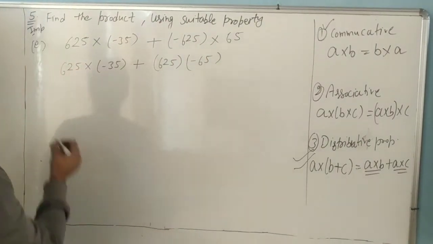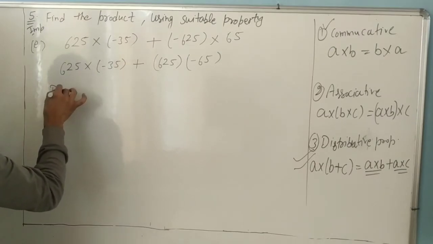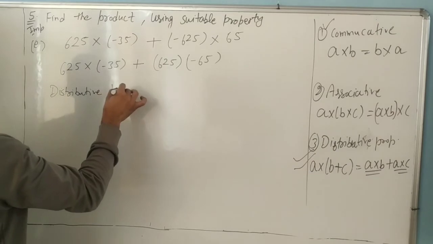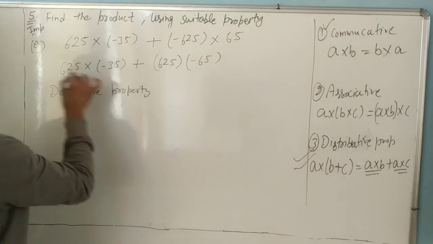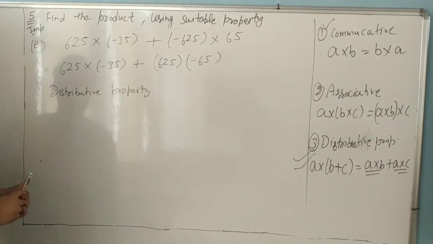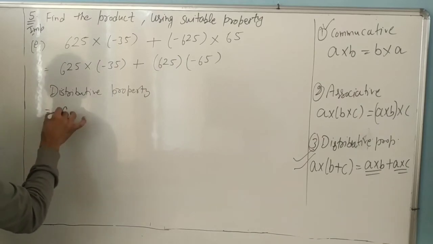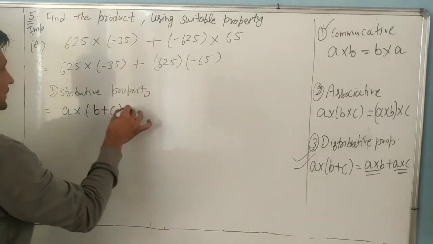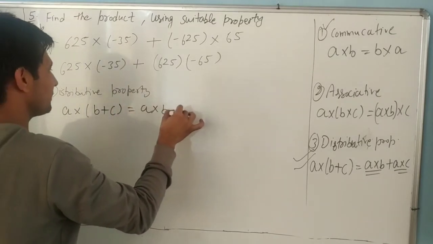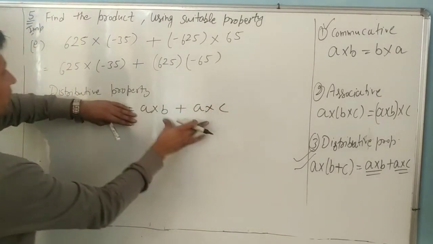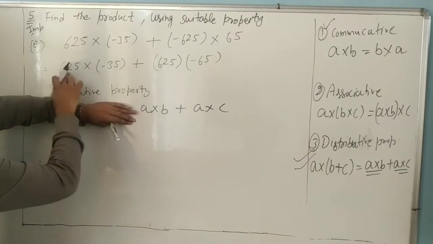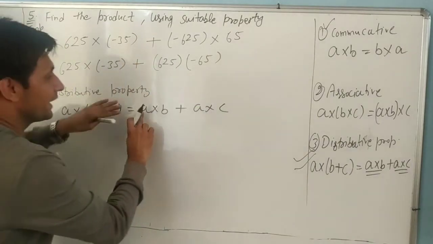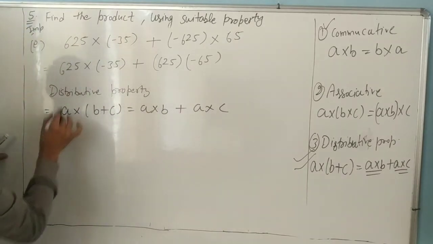Okay dear, so you will write the distributive property. Again dear, what is the distributive property? It is A into B plus C is equal to A into B plus A into C. Now it is given A into B plus A into C. How to write? Take A as common.